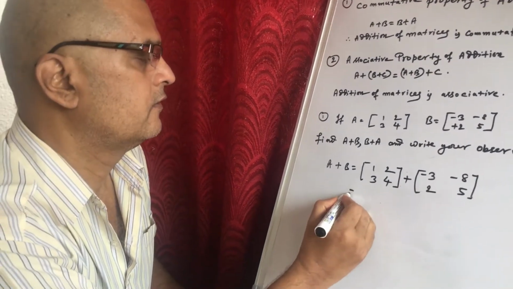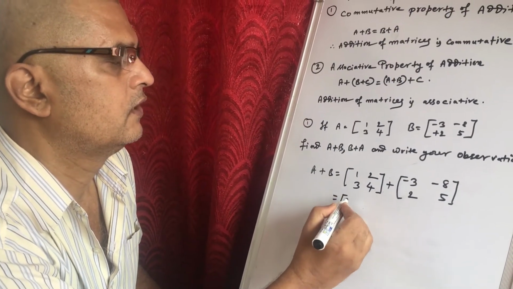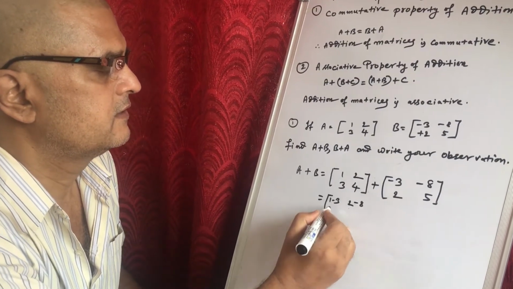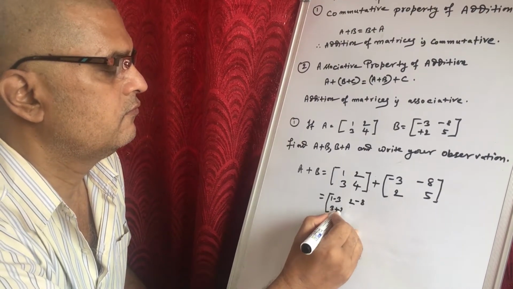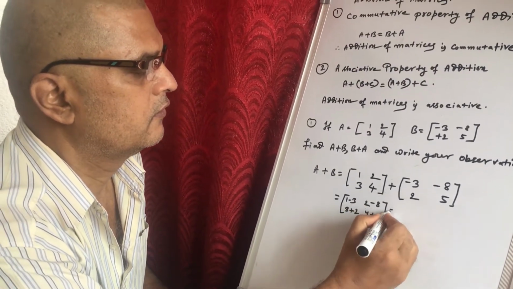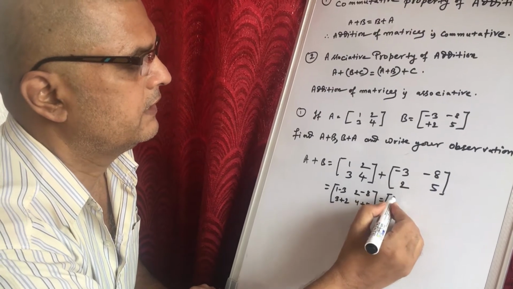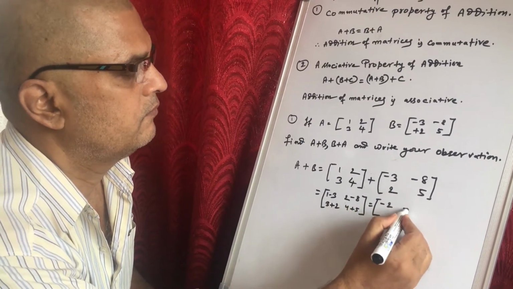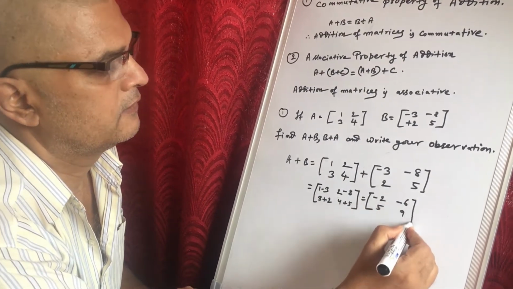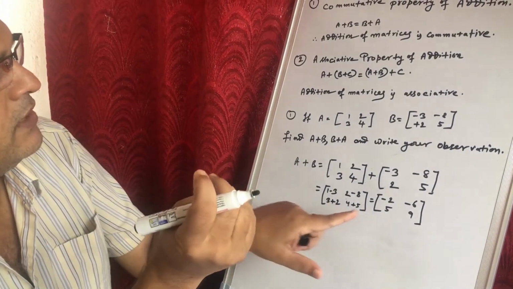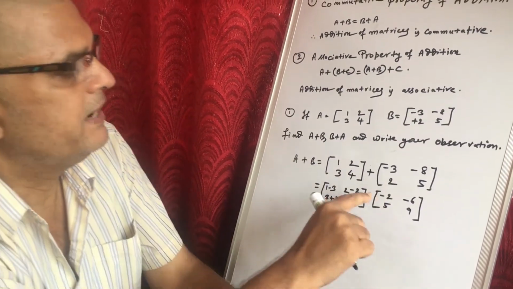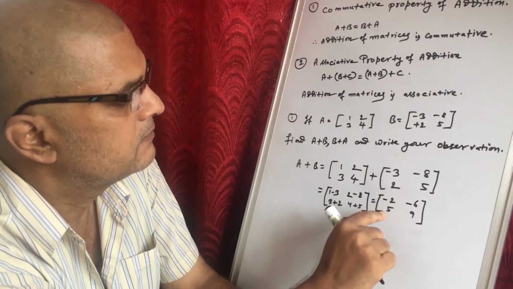So it will be 1 minus 3, 2 minus 8, 3 plus 2 and 4 plus 5. So minus 2, minus 6, 5, 9. So A plus B is equal to this matrix having the elements minus 2, minus 6, 5, 9.